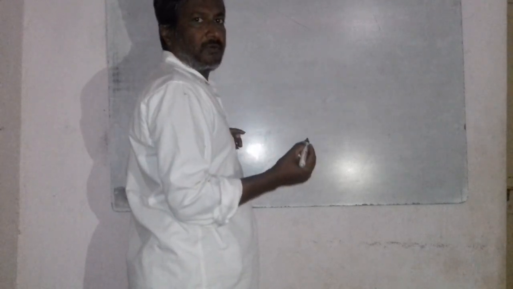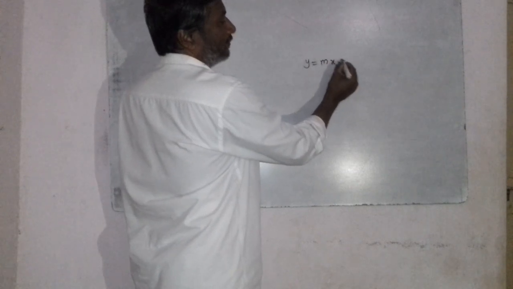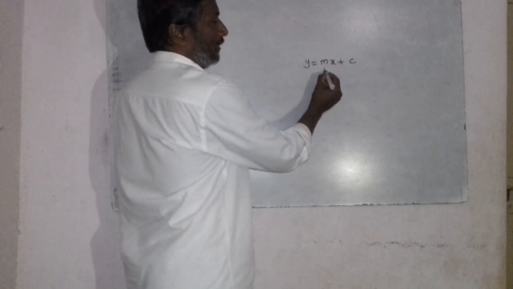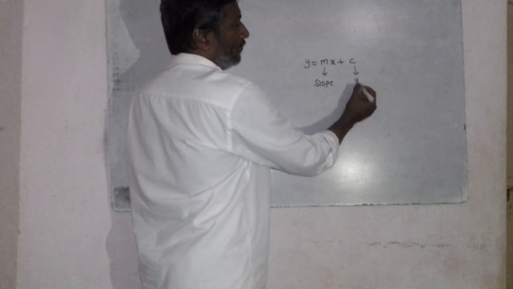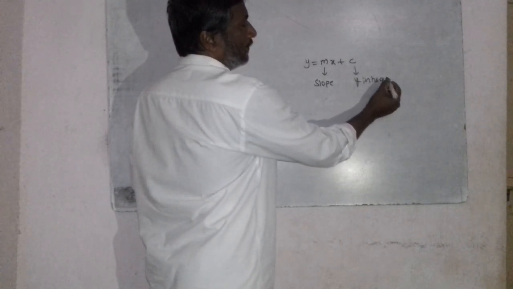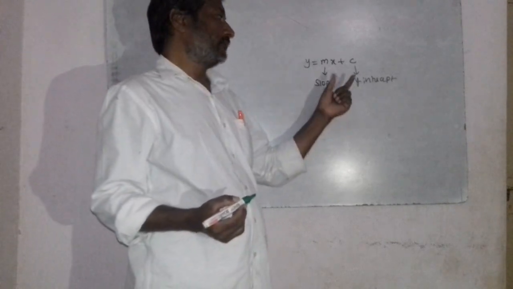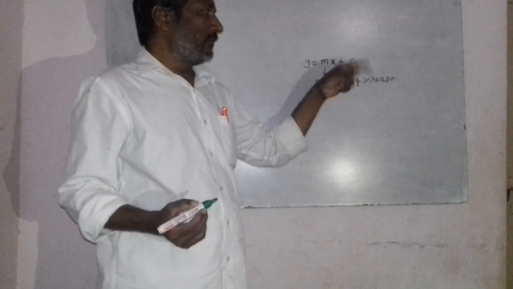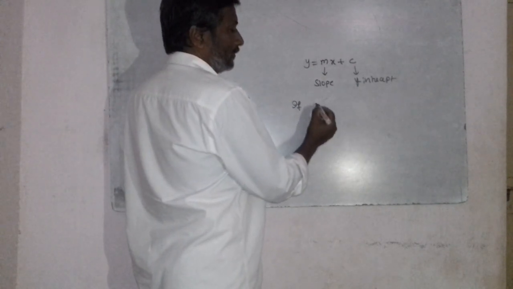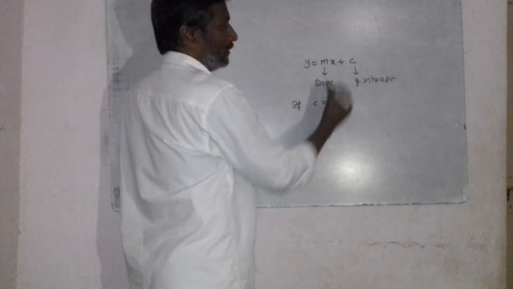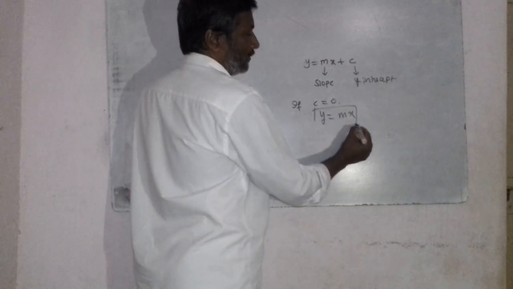So just to recap this, the slope intercept form of the line is y equal to mx plus c. M is the slope, c is the y-intercept, and if c equal to 0, this equation becomes y equal to mx.